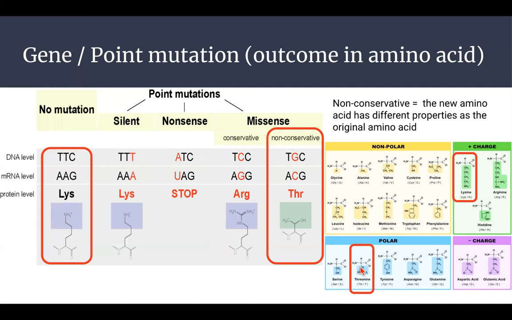Now, that is going to significantly change how your protein is going to fold. A polar amino acid, when it folds, is likely to stay on the outside of the protein because polar molecules are attracted to each other. So, an amino acid with a polar end is going to be attracted to water.